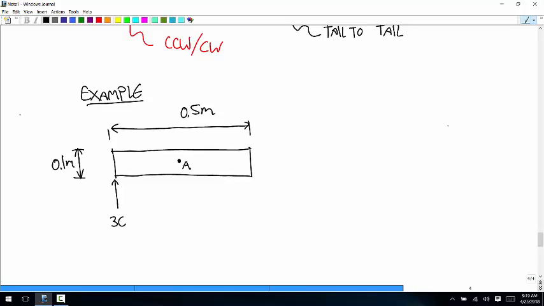And let's say we have a force of 30 newtons there, and a force of 80 newtons there. And let's put another one here of 50 newtons. Calculate the sum of all the moments produced by those forces on that body.